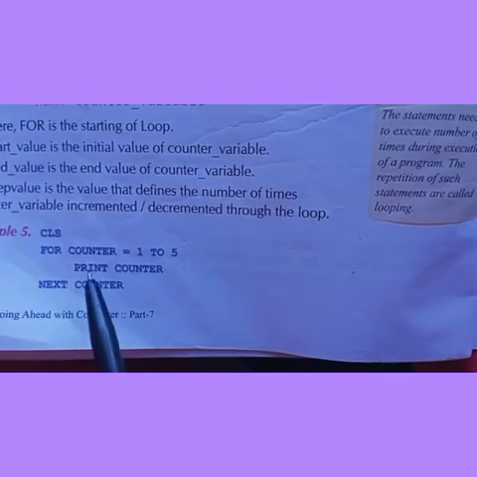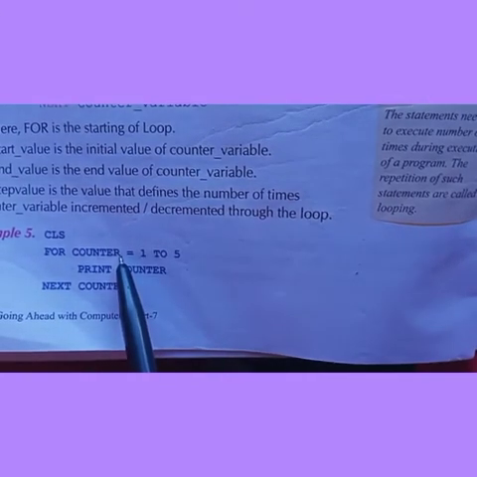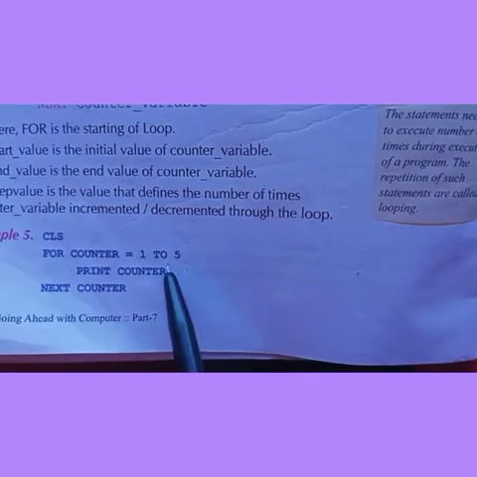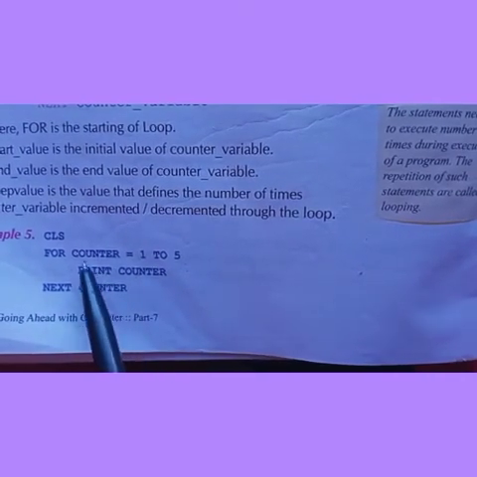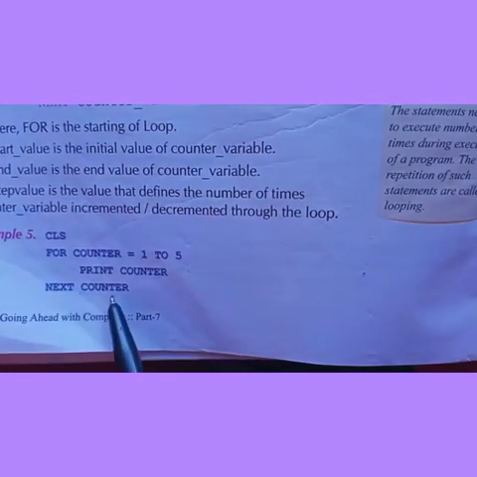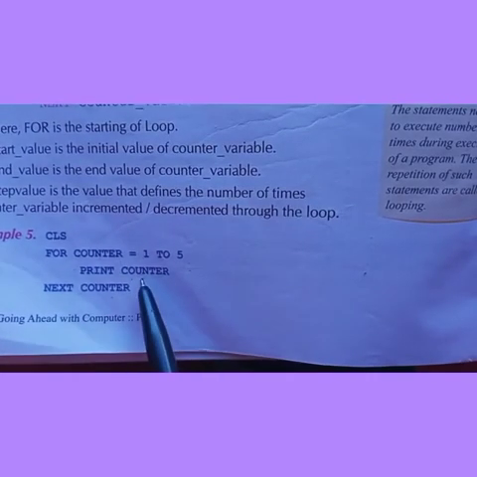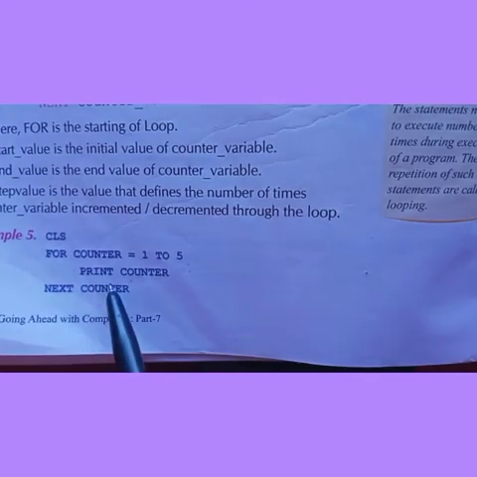What we are going to do is PRINT counter. That is, the counter will work from 1 to 5 and the value of the counter will be printed. Then after this statement, the NEXT counter statement will be read. First the computer will print the very first value of the counter, that is 1, and then it reads NEXT counter.